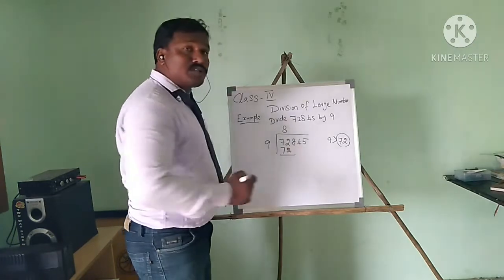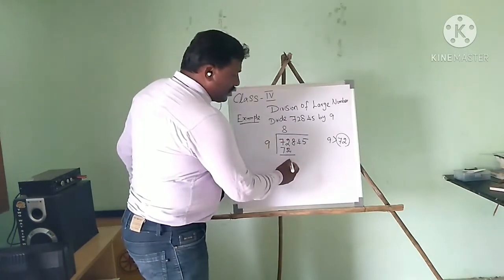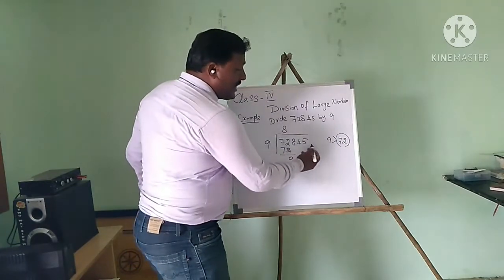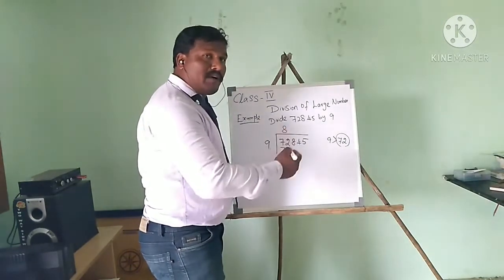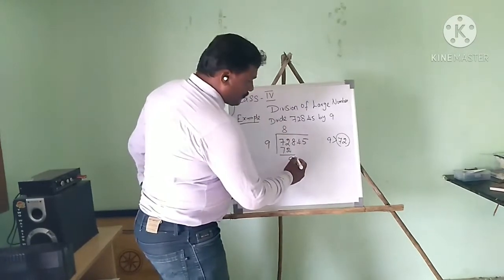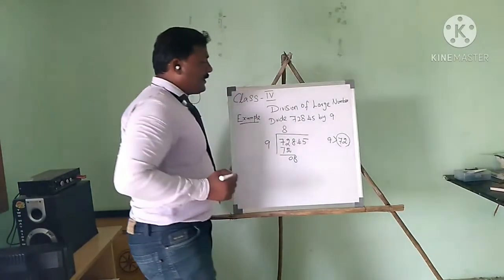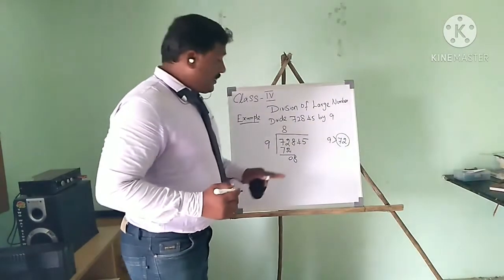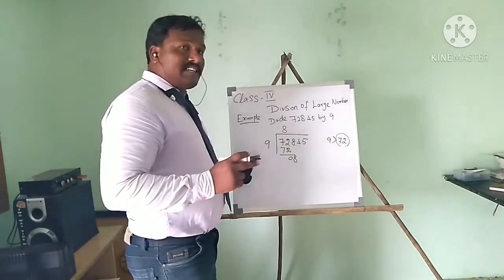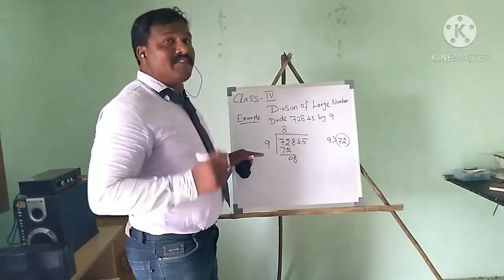So now we want to subtract. The remainder is 0, we know very well. Now we have three digits remaining. One by one we have to take them down. First I will take down 8. Now see, I told you the dividend must be bigger than the divisor, then only we can divide.